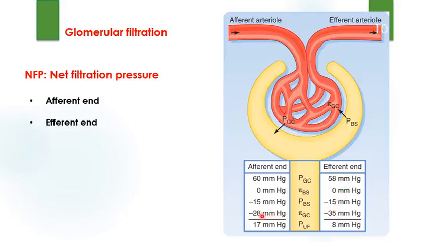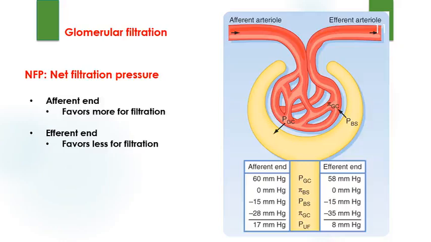At the afferent end it's about minus 28 millimeters of mercury, but at the efferent end it's about minus 35. So the afferent end favors more filtration and the efferent end favors less filtration.